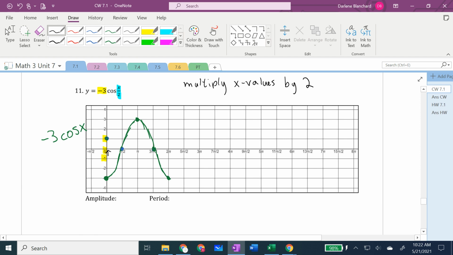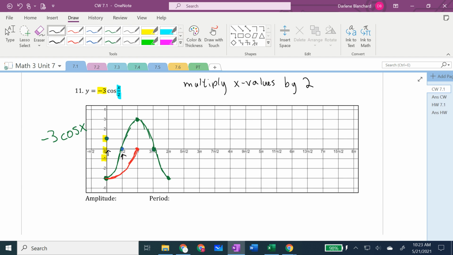Now, my x coordinate of 0 multiplied by 2 is still 0. My x coordinate of pi over 2 multiplied by 2 is going to take me over to pi. So the first quarter section is being stretched out.